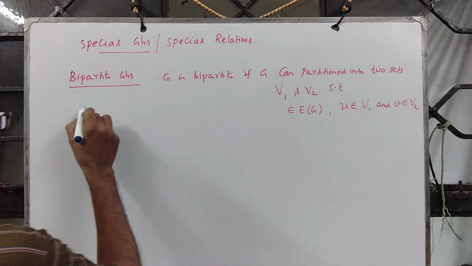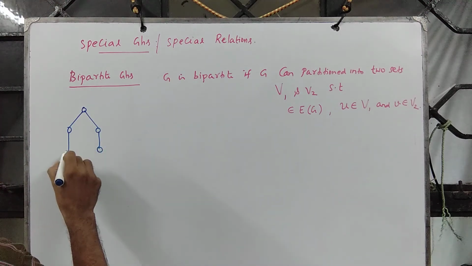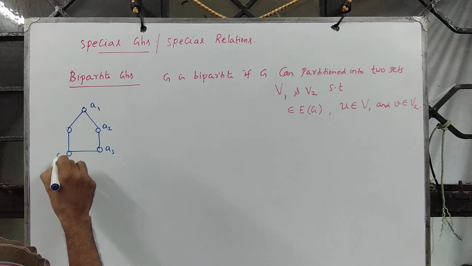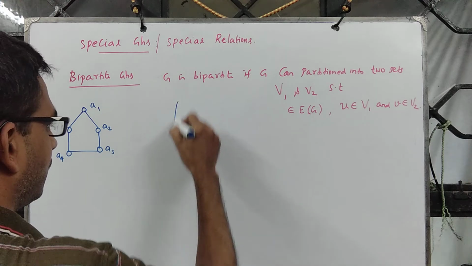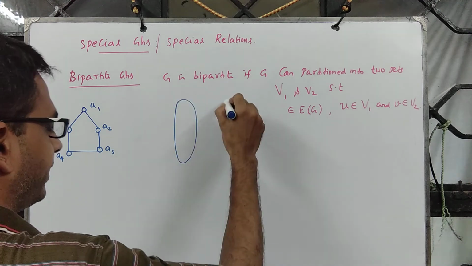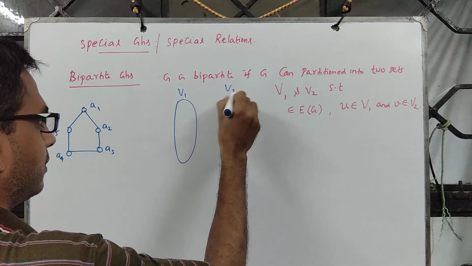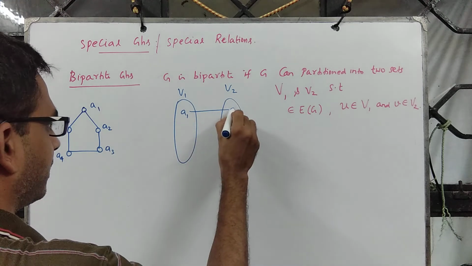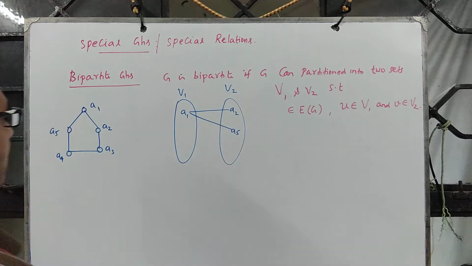Consider a cycle on, say, 5 vertices: A1, A2, A3, A4, A5. Now let me try exhibiting a bipartition for this. Let me place A1 here and its neighbors A2 and A5, because these two have to be independent sets.